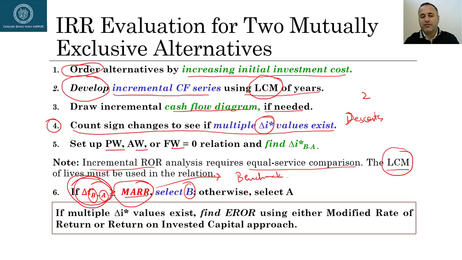But if it is otherwise, suppose it is less than MARR, then we go for project A, if the projects are, of course, mutually exclusive. In mutually exclusive, let me repeat myself, we have to pick one project. And these are normally cost alternatives. I gave you an example in my last lecture.